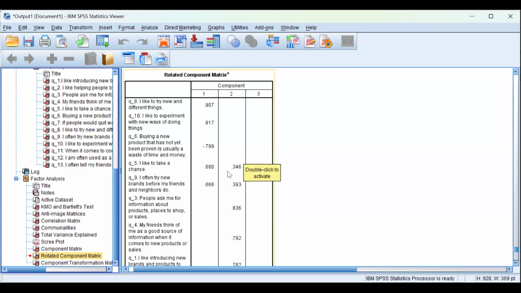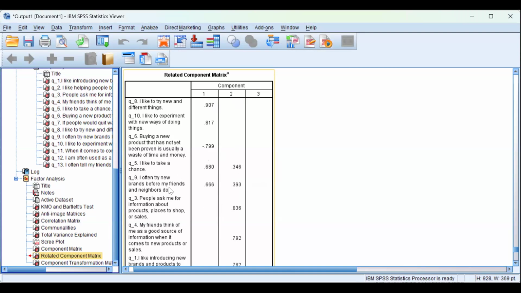So you can see Q5 is getting loaded in factor 1 and also in 2. However, you will consider it under the factor where it shows the higher factor loading, and this factor loading is nothing but the correlation. So we will say that Q5 is a part of factor 1 and not a part of factor 2.